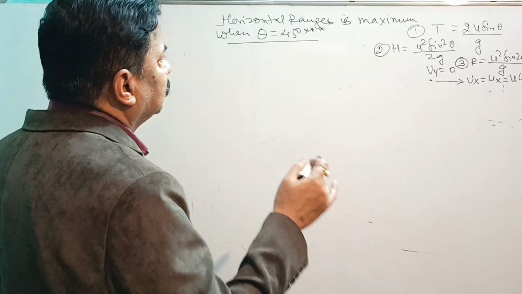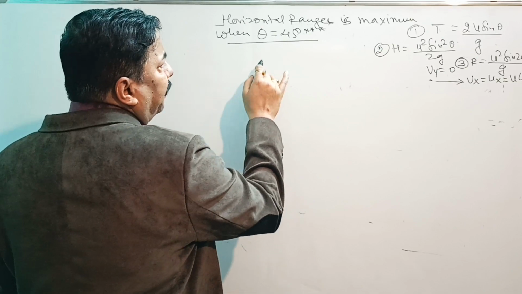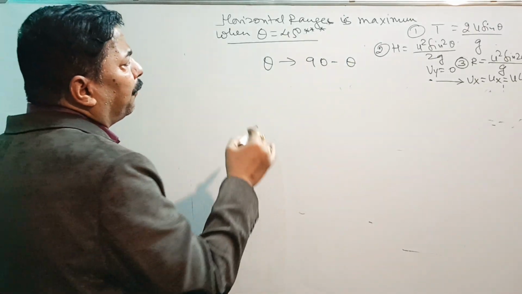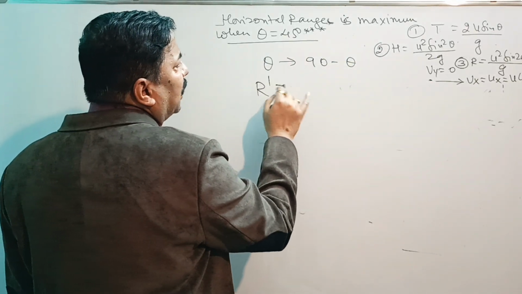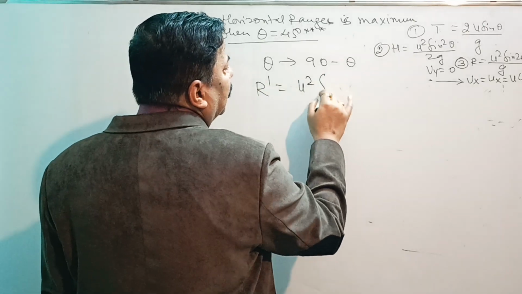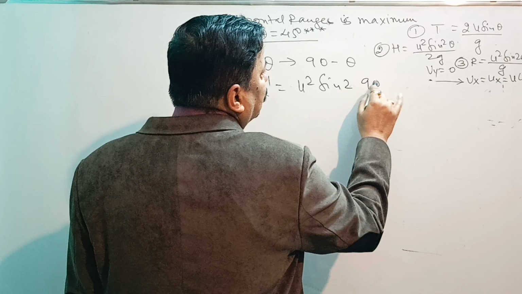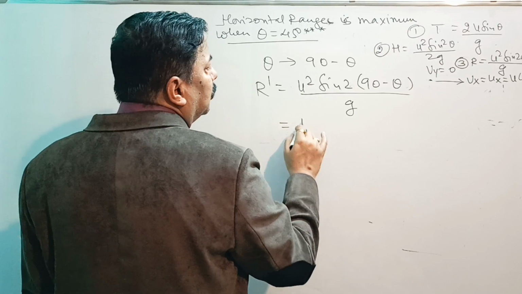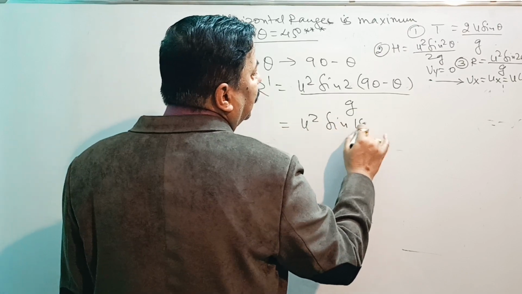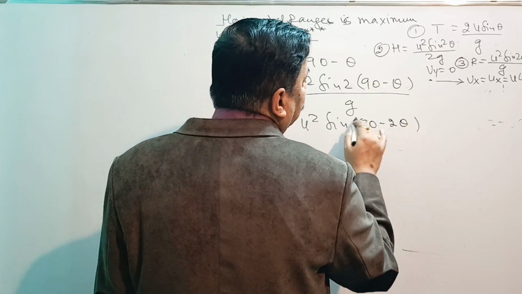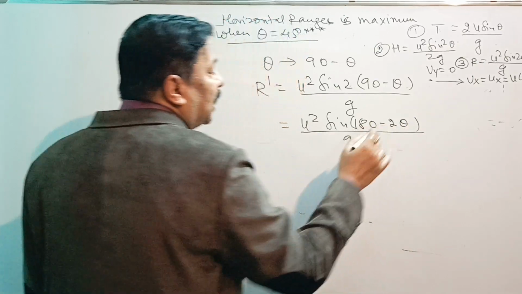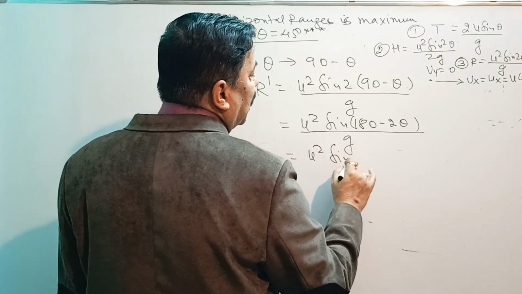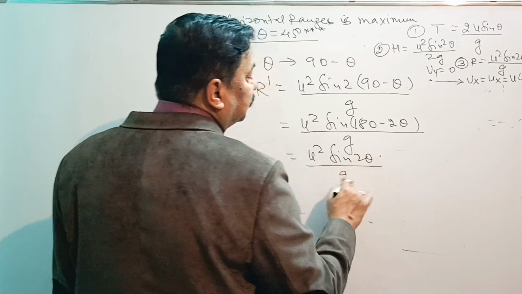Now you see, if we replace theta by 90 minus theta in the formula for horizontal range, then R dash is equal to u square sine 2, at the place of theta I am writing 90 minus theta, by g. This is giving you u square sine 180 minus 2 theta by g, and sine 180 minus 2 theta is sine 2 theta, so you are getting u square sine 2 theta by g.